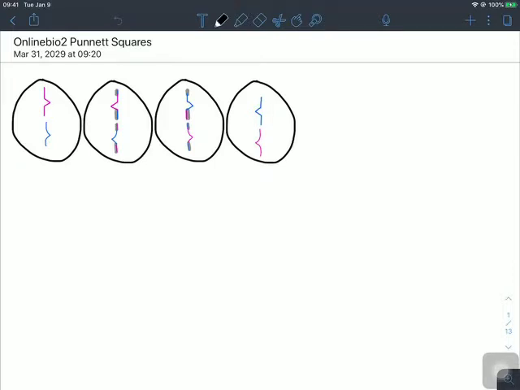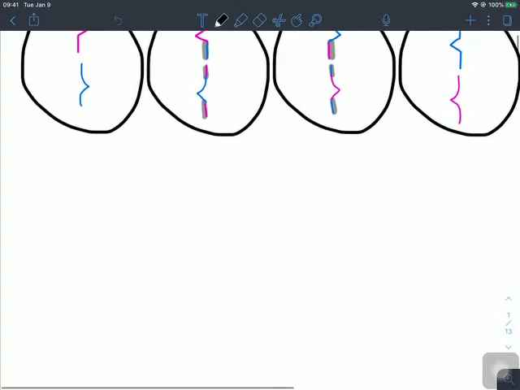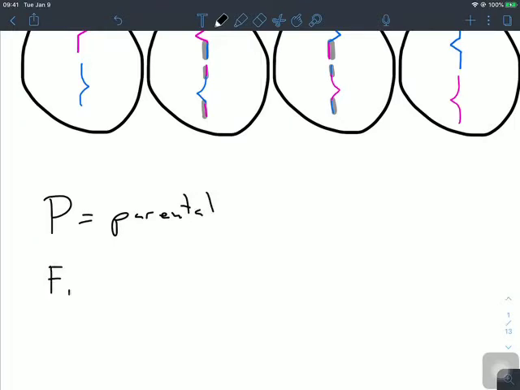All right, so Punnett squares are an expansion of our understanding of genetics. Genetics is the way in which we transmit hereditary information from parents to children. So that begins by defining the parental generation. We'll abbreviate the parental as P. The children of the parents are called the F1s, or the filial 1 generation.